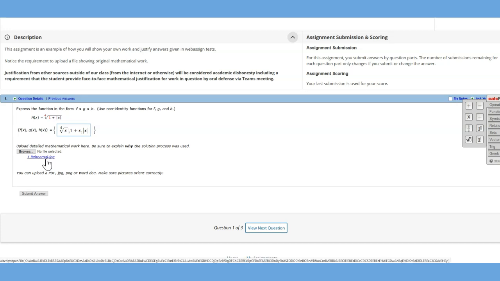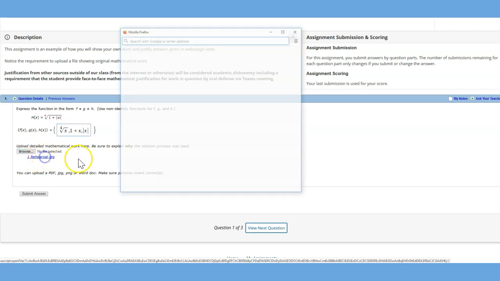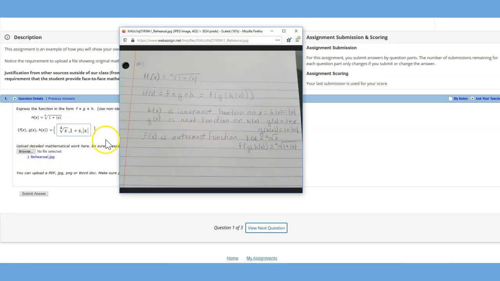But I think it's easier to just take a picture and upload it. So you would enter your answers here, and then you would upload your JPEG or PNG file, whatever it is, or PDF here.